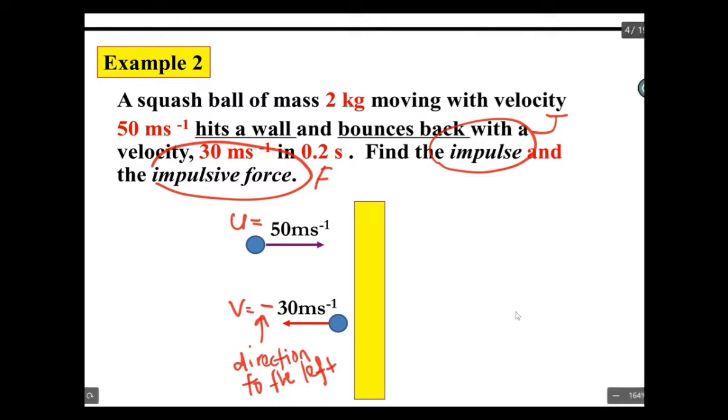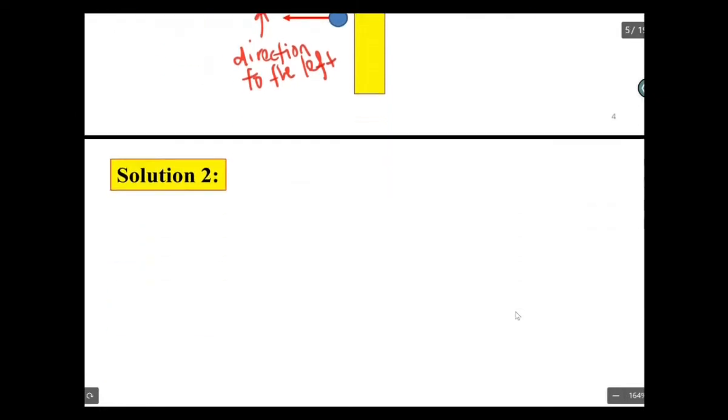Okay. So, look at the solution into example 2. From the formula impulse, J is equal to delta P, the change of momentum, is equal to mass times V minus U. And then we know the mass of the squash ball is 2 kg.